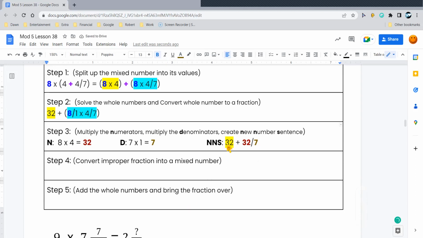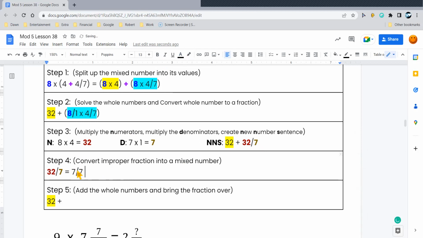Now what's great is I need to convert. So this number I'm going to copy and bring straight down here, but this one comes right here.